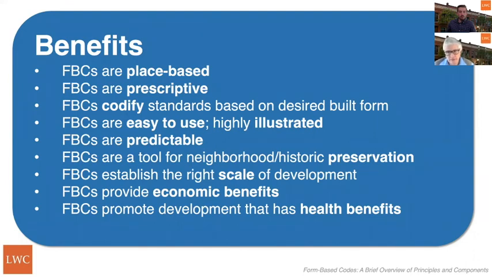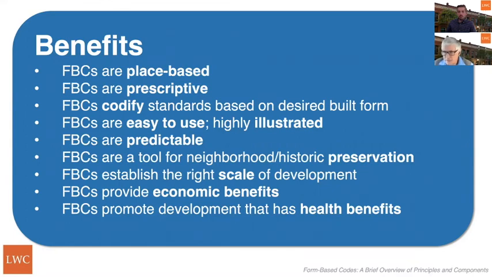That means that they clearly define how big, how tall, what frontages should be on a building, how those buildings are placed relative to other buildings around them. And so they become, as a result, much more predictable. They're easy to use, they're well illustrated, and standards are codified based on the final desired outcome.